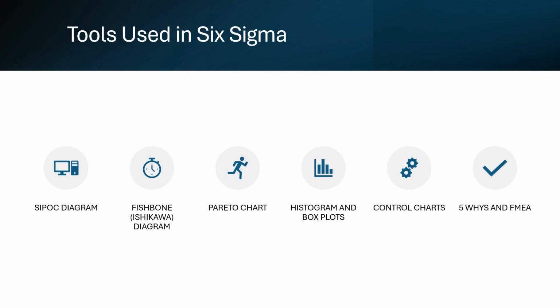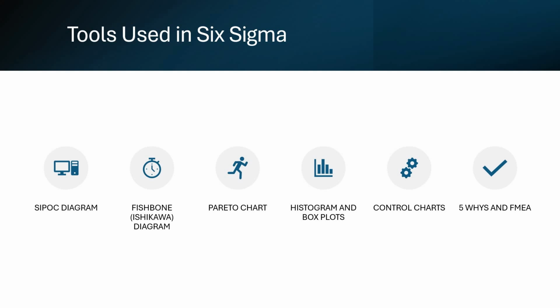It helps the teams understand the entire flow of a process before diving into improvements. For instance, for an online order system, the supplier is the website backend, input is the order form, process is the validation and payment, output is the confirmation, and customer is the buyer. SIPOC sets a clear project boundary.